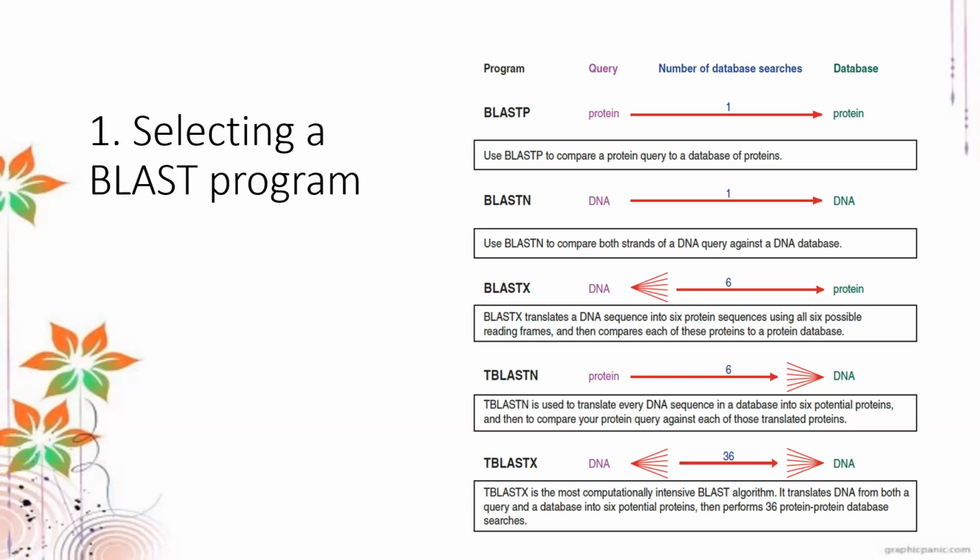So you have protein to protein alignment again, but you have six queries basically. For the tBLASTn, you start with a protein, and your protein is used to translate every DNA sequence in a database into six potential proteins, and then you compare your protein query against each of those translated proteins.